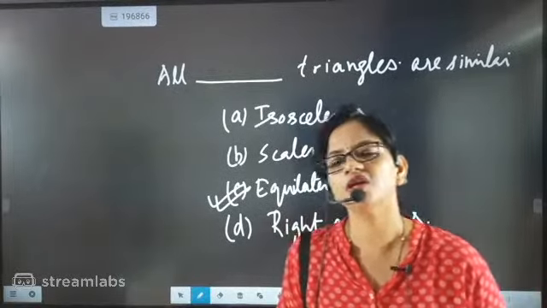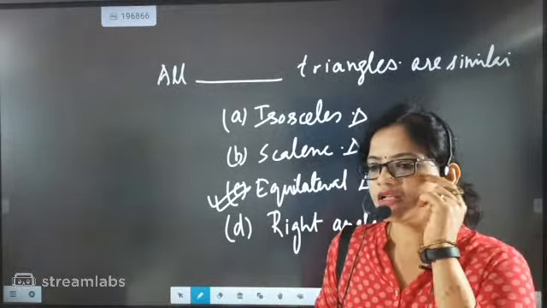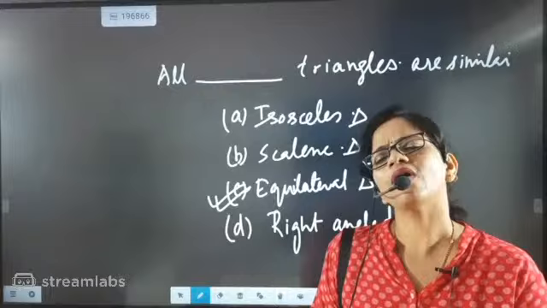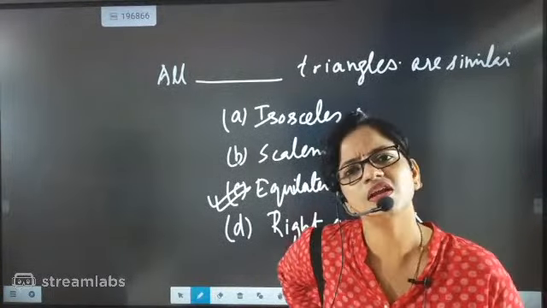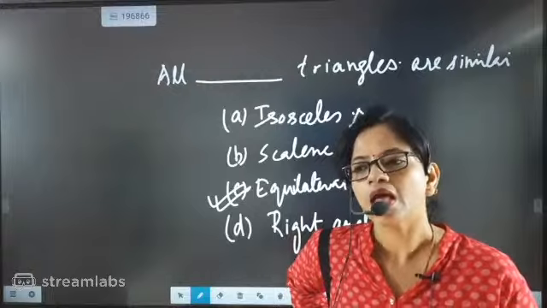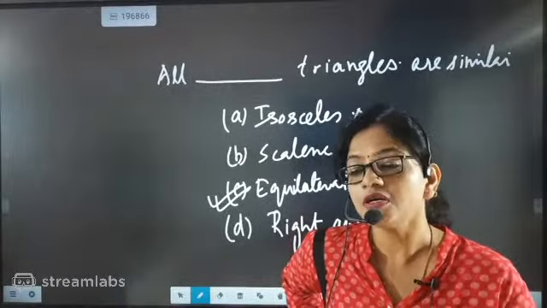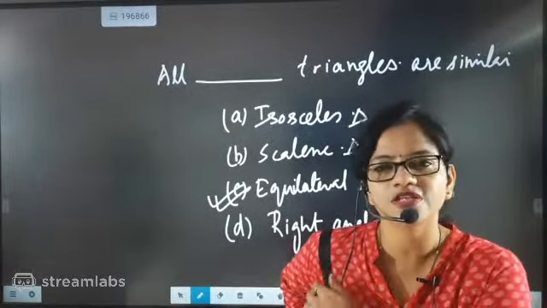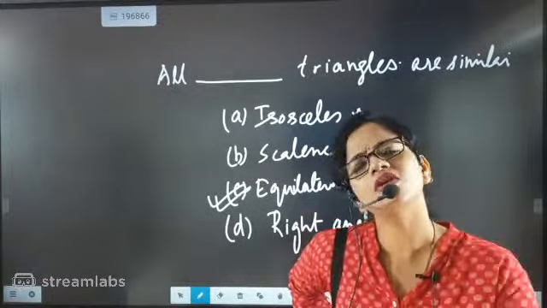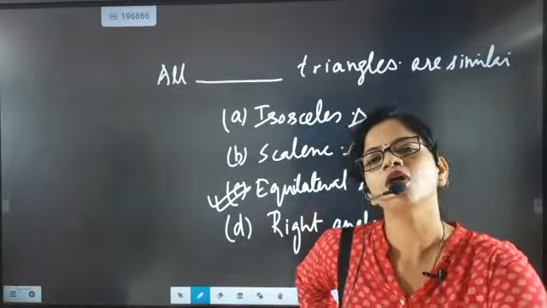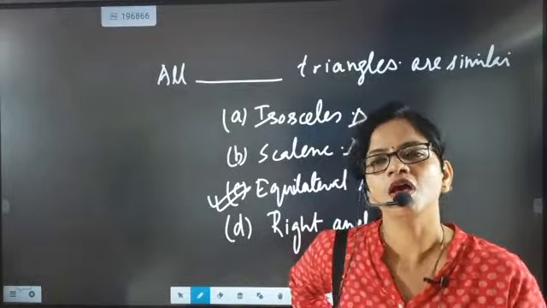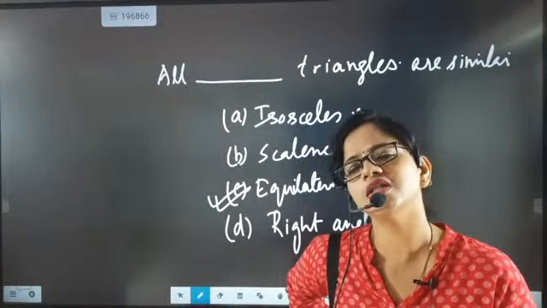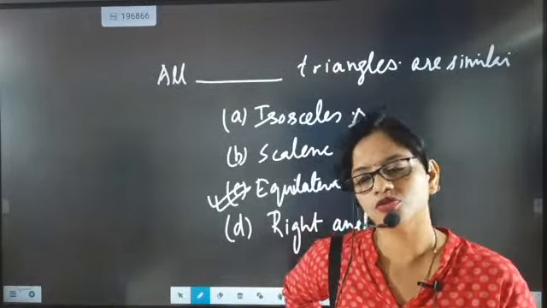Then one confusion will come: you are telling that equilateral triangles are similar, so why can't we say the same for isosceles triangles? In an isosceles triangle, two angles are the same, and the corresponding sides will also be the same. So why are we saying only equilateral triangles are similar, and not isosceles triangles?